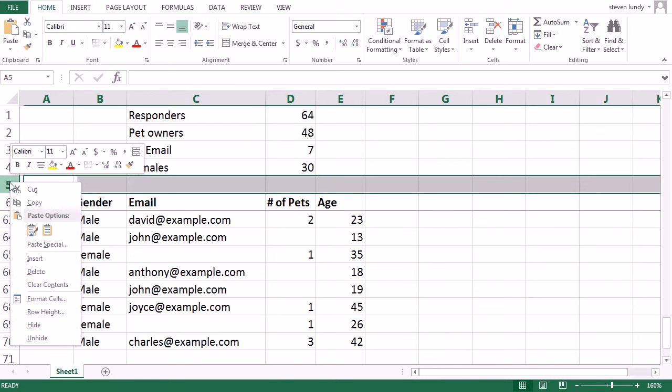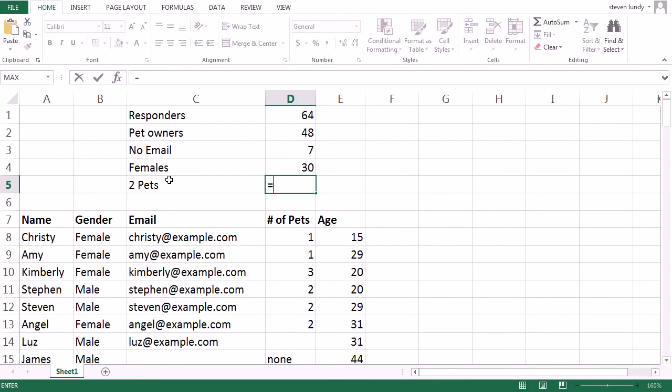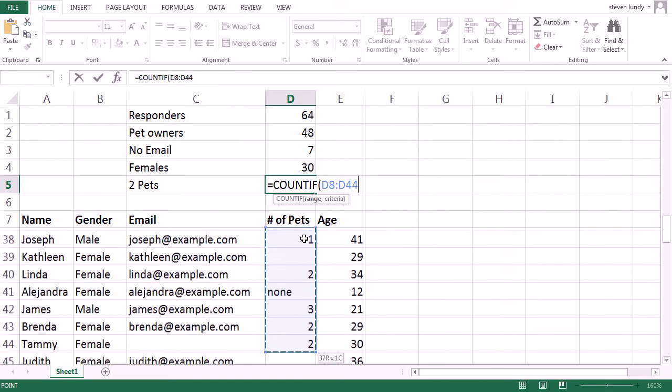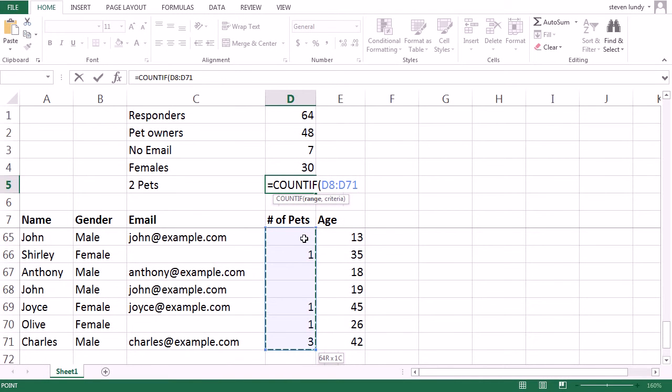We could also count something like the number of people with 2 pets. To do this, we could use something like equals COUNTIF, select our range, and put in the condition that the cell is equal to 2.